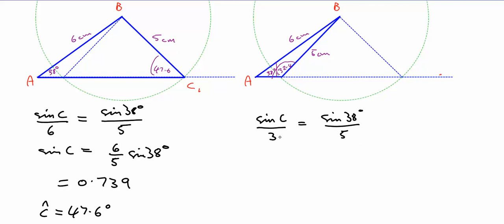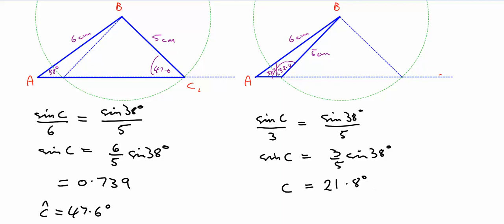Now, if we solve this equation for C, so sine C is 3 over 5 sine 38, and C would be 21.8 degrees. This would be okay in the first triangle here. Instead of 47.6, we would have 21.8.